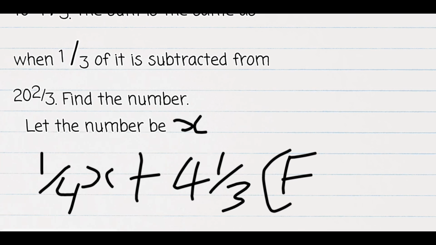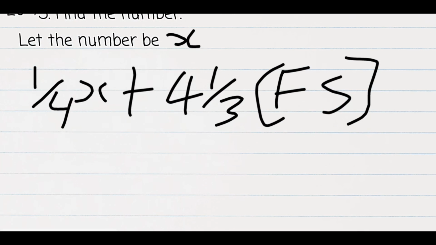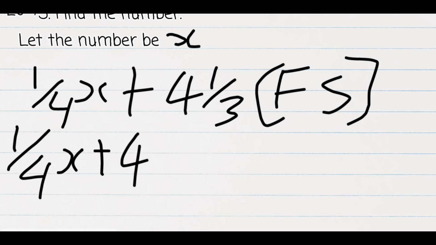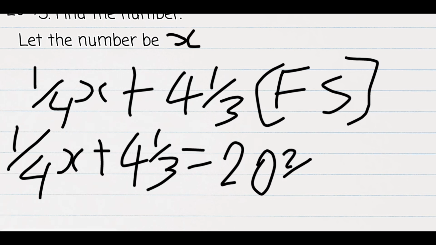Now, from the second sentence, it says that the sum is the same as when 1/3 of it is subtracted from 20 whole number 2 over 3. So from the second sentence, we can say that 1 over 4x plus 4 whole number 1 over 3 is equal to when 1 over 3 of it is subtracted from 20 whole number 2 over 3.